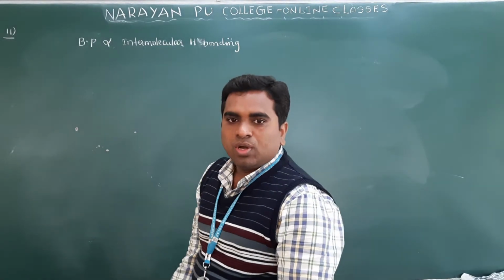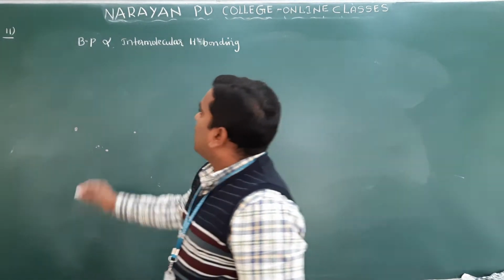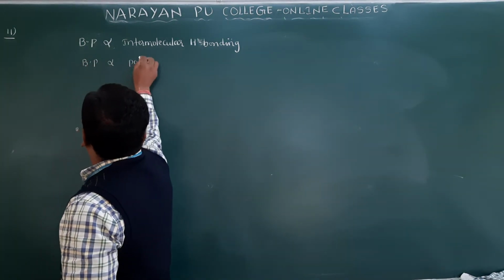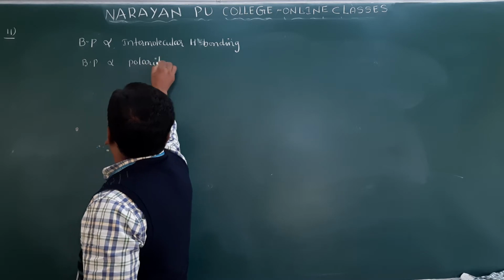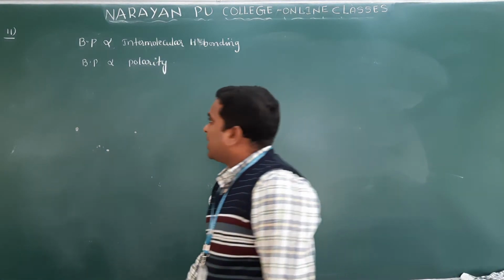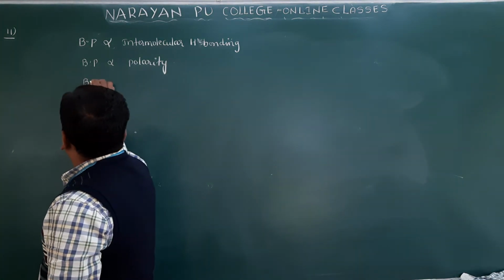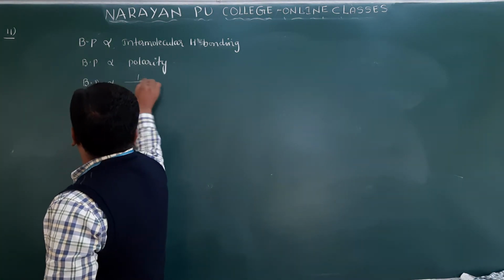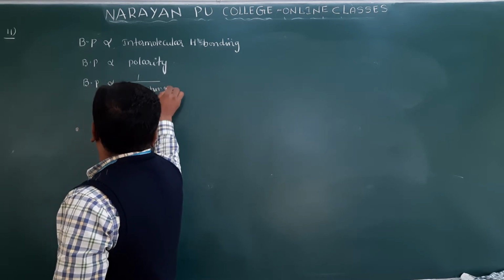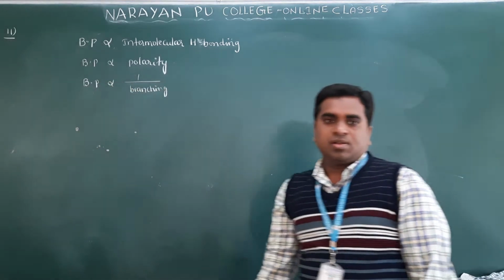And another important point: boiling points are directly proportional to polarity. Another one: boiling points are inversely proportional to branching. Clear?